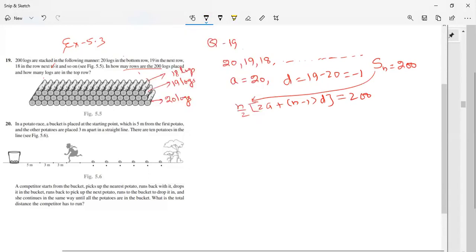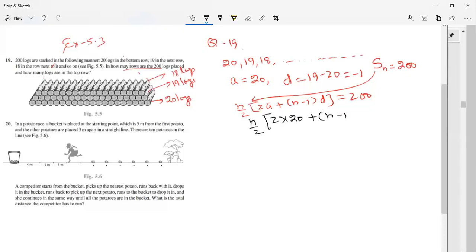Now substitute the values. n by 2, n we have to find out. 2 into a, we have 20, plus n minus 1 into the common difference, which is negative 1. Whenever the series is decreasing, the common difference is negative.